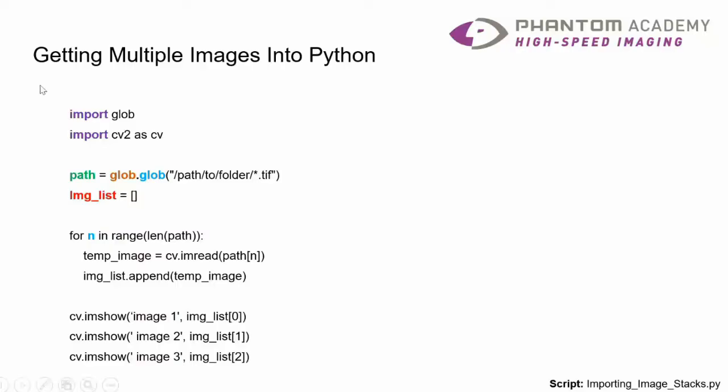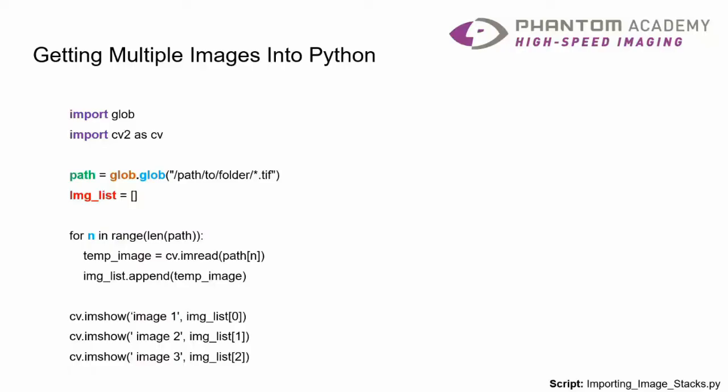We are saving them in that variable path and in that array, and then you can iterate through those images and read them to the temp image list, which is initialized as image list, and then populate them using the append method of the list. Then you can see them or later manipulate the images that you have.